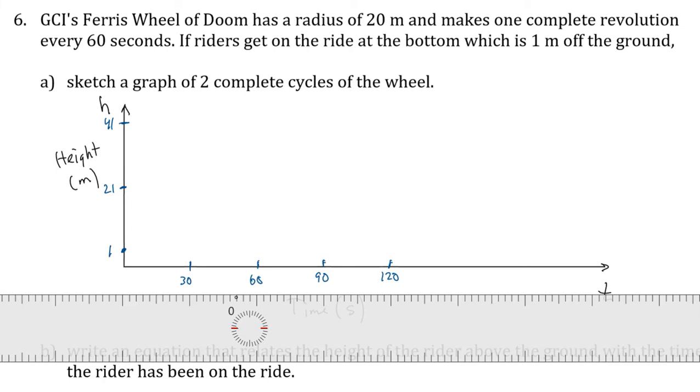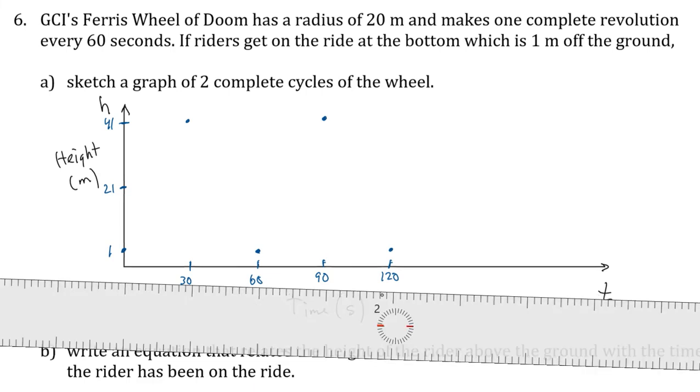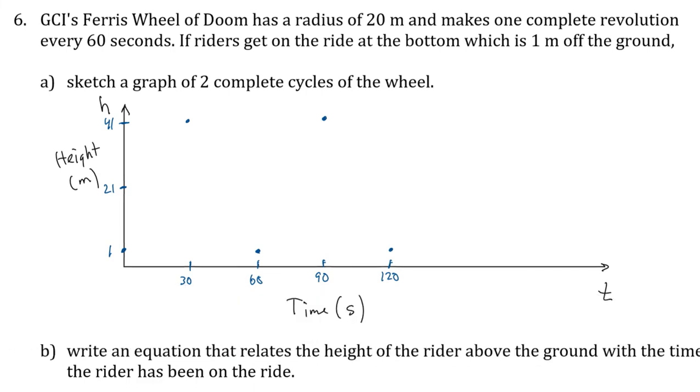From 1 up the radius to 21, up the radius again to 41. One complete cycle means it'll be back to the bottom here, and then back to the bottom here, and it'll be at the top here, and at the top here. Like that.